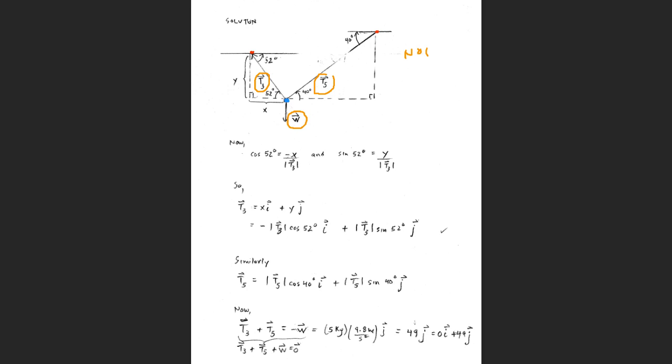We can note here that the sum of the 2 tension vectors plus the weight vector would have to equal 0.